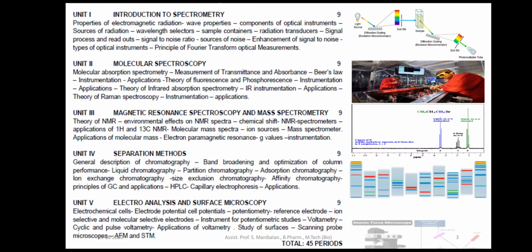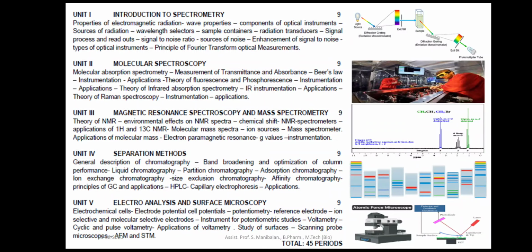The fifth unit is about the electrical conductance properties of the sample in a solution, then surface spectroscopy to find out the molecular surface of the given sample. So I think it is very easy for you to follow this course, and all the best to you.